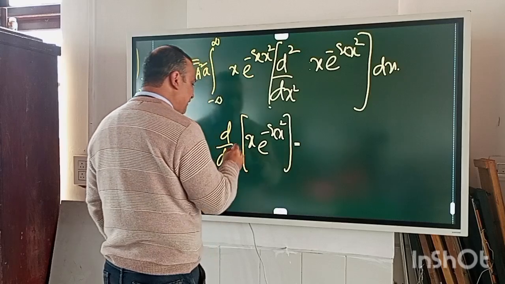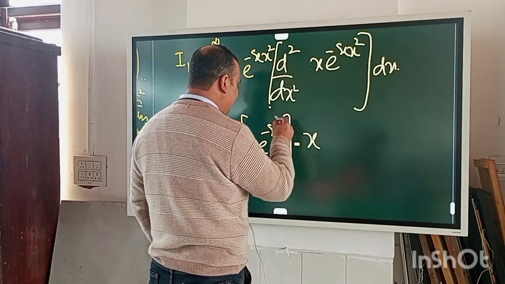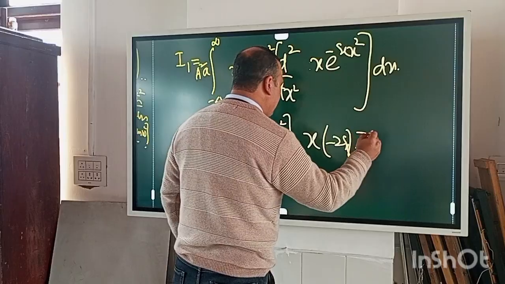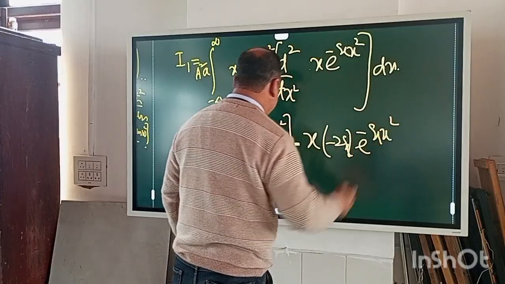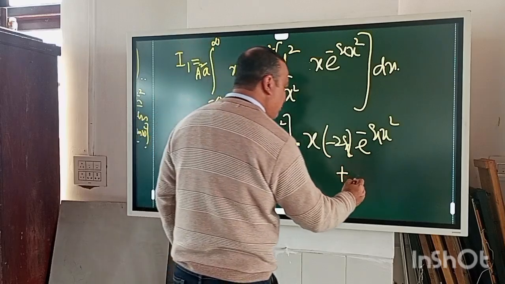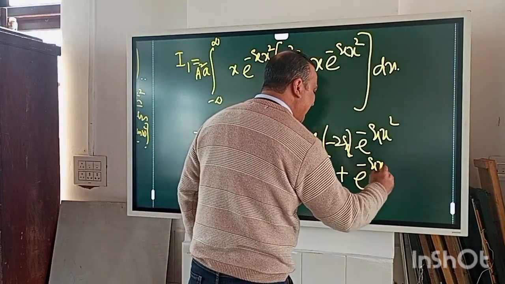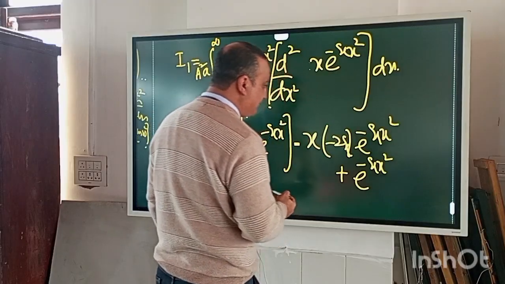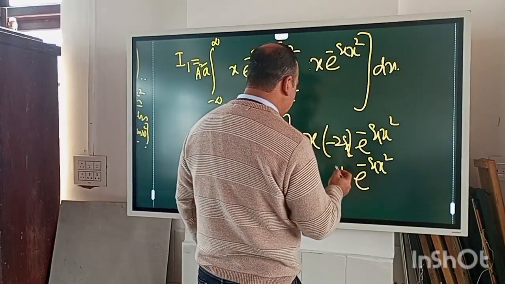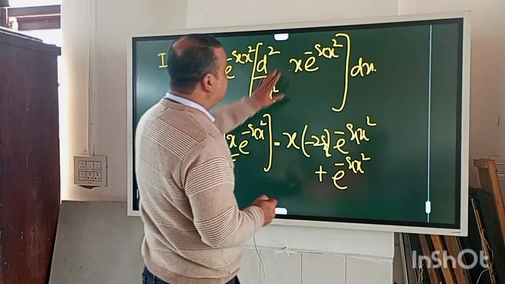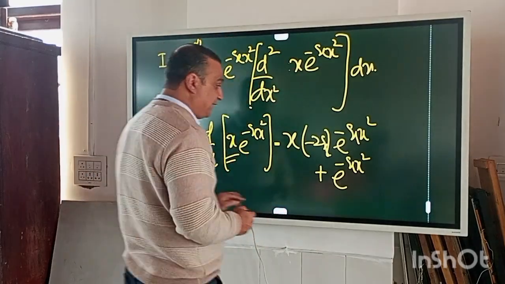For that, the derivative of the exponential will give me minus 2 zeta x e to the power of minus zeta x squared, plus e to the power of minus zeta x squared times the derivative of x, which is equal to 1. So this is the first derivative of this trial wave function that we have.